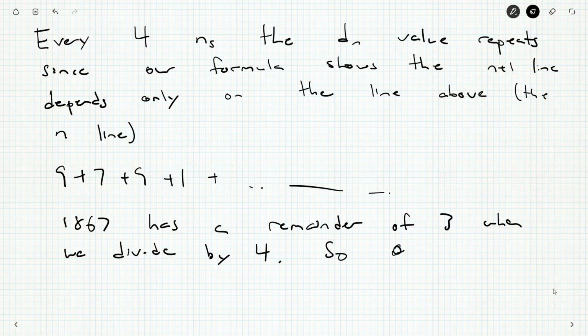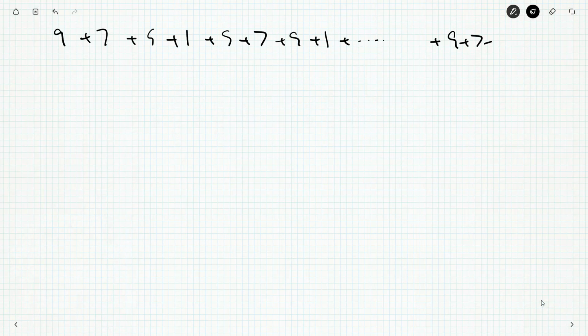So our sum looks like, we'll flip to the next page, but it's going to look exactly like 9, 7, 9, 1, 9, 7, 9, 1. Just keeps going on like this. 9, 7, 9, 1. And then the last 3 will be 9, 7, 9.